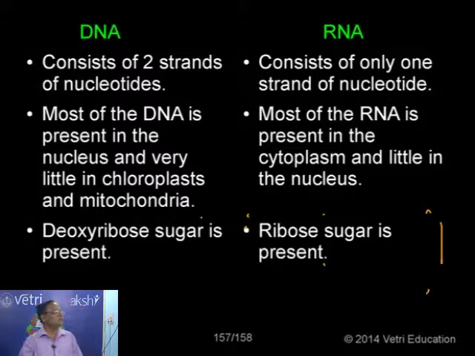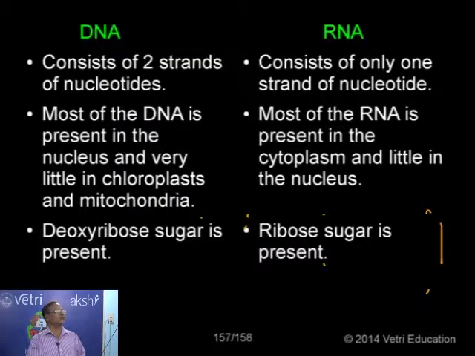Now other things, related to the differences between RNA and DNA. As you usually know, DNA consists of 2 strands, while RNA is found as only 1 strand. DNA is mostly found in the nucleus, a little bit in the cytoplasm. In contrast, RNA is mostly found in the cytoplasm, a little in the nucleus.